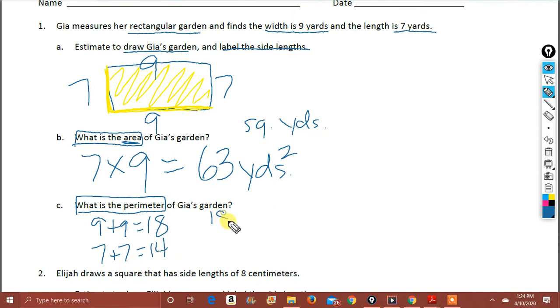Now I just add 18 plus 14, and I come up with 32 yards. So the perimeter of Gia's garden is 32 yards. I do not need to put the square in there because that's only for area. Perimeter is the distance around the outside of the figure, so we don't need the square. 32 yards.